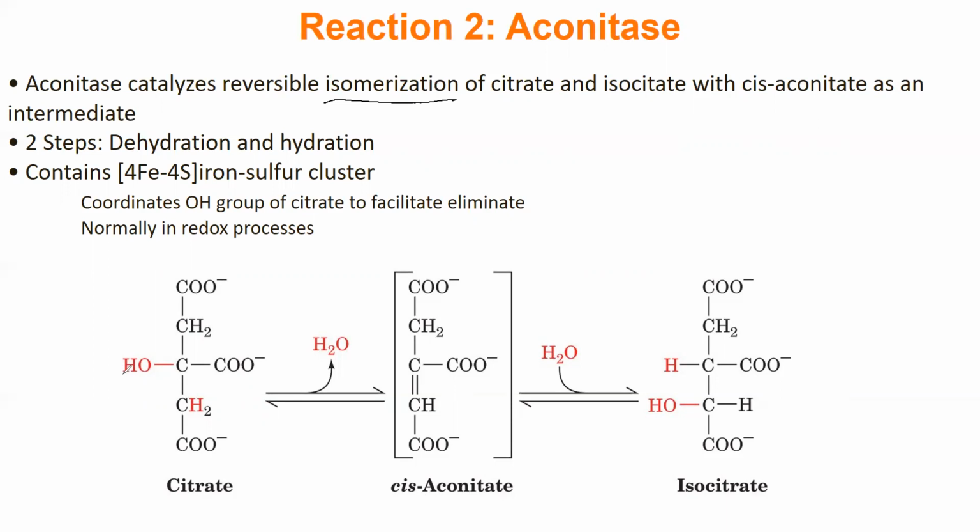So here, all we're doing is we're taking OH from this carbon and moving it 1 down to make our isocitrate. This does have an intermediate, which is stable. You can actually measure the amount of this intermediate called cis-aconitase.